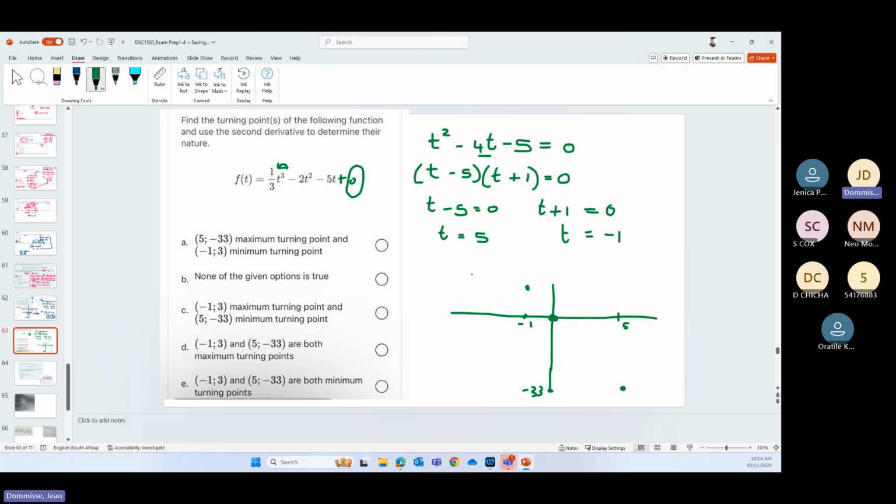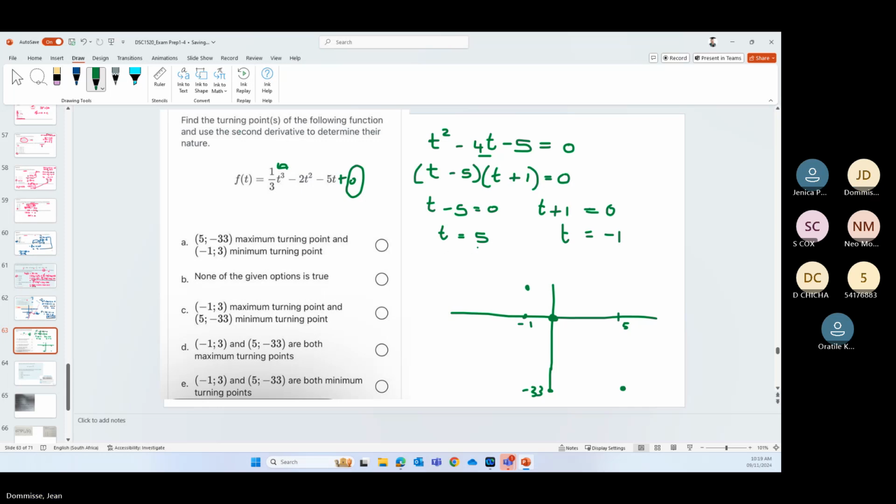Okay, so now we're sitting with this, and then let's look at the second derivative.